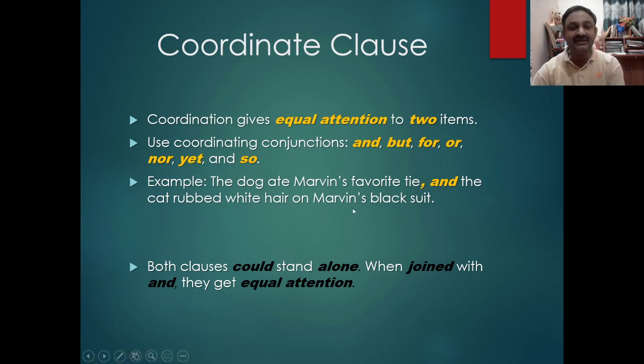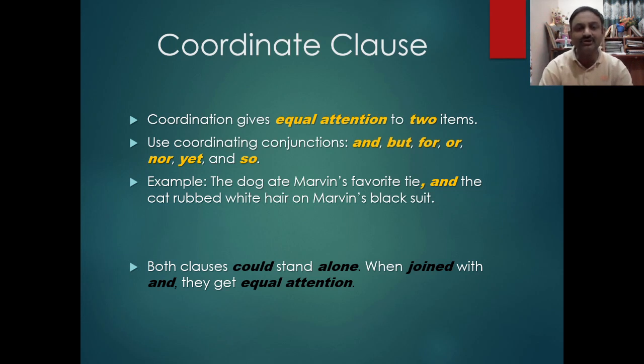The examples can be understood in this manner also. The dog ate Marvin's favorite tie, and the cat rubbed white hair on Marvin's black suit.